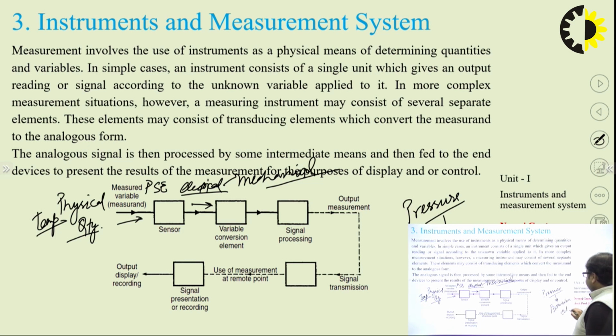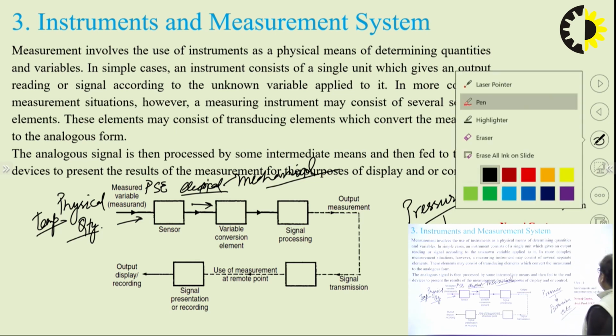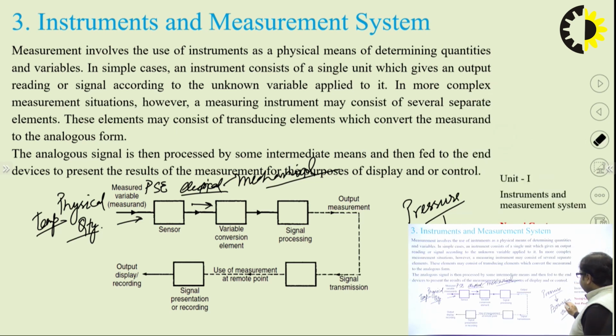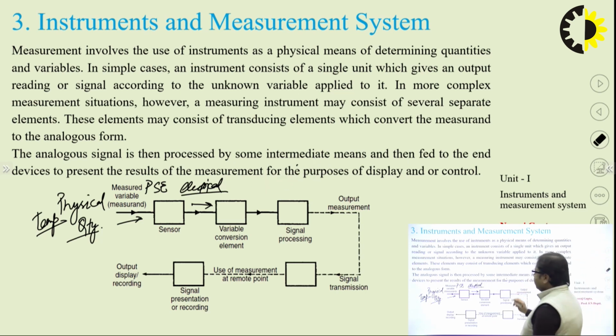But the reason we do not prefer these mechanical elements or mechanical sensors is that they include friction. This particular fact is responsible for basically choosing the electrical quantities.